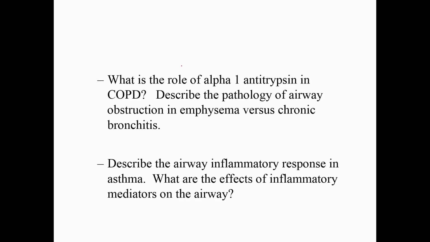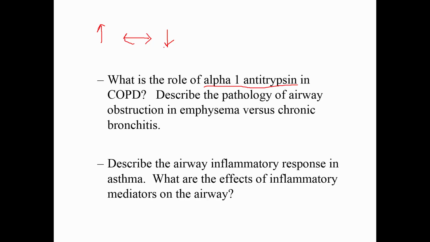All right, now we're going to talk a little bit about COPD. There's actually an enzyme in the matrix called alpha-1 antitrypsin. Alpha-1 antitrypsin is an enzyme that counters another enzyme called elastase. So you have a balance between increasing the matrix and decreasing the matrix.